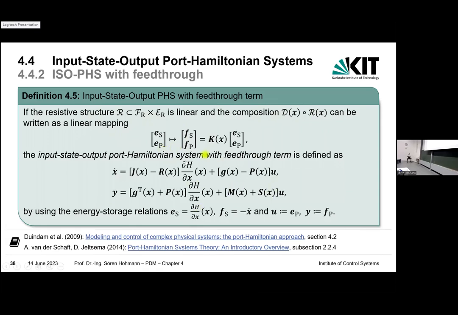Then you can find such a so-called input, state, output, port-Hamiltonian system with feed-through. And there you get the matrix J, which is skew symmetric, the matrix R, which includes all dissipation elements. We have here the states, similar matrices for U, and you define the Y, the output element, as given.